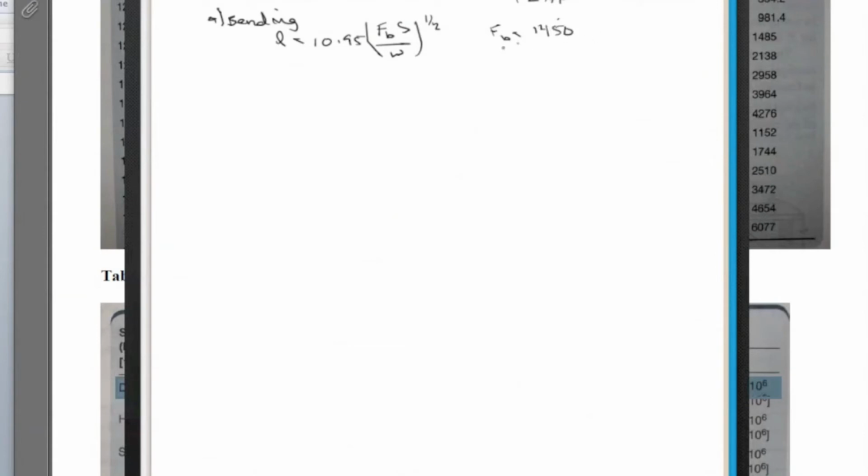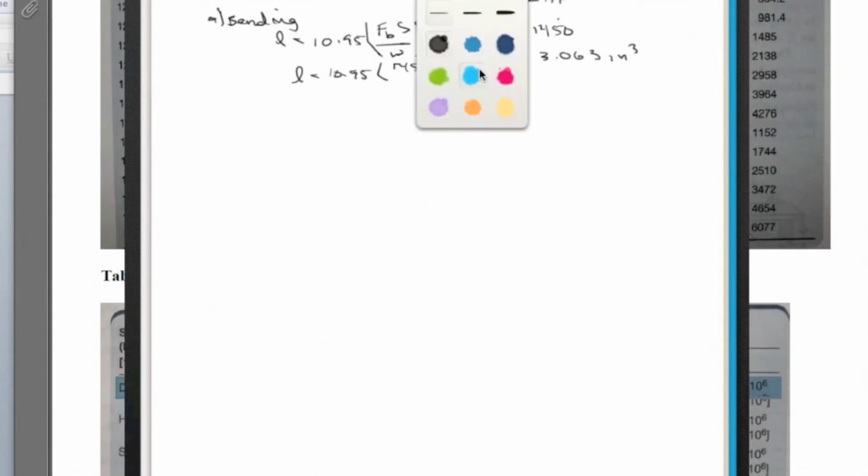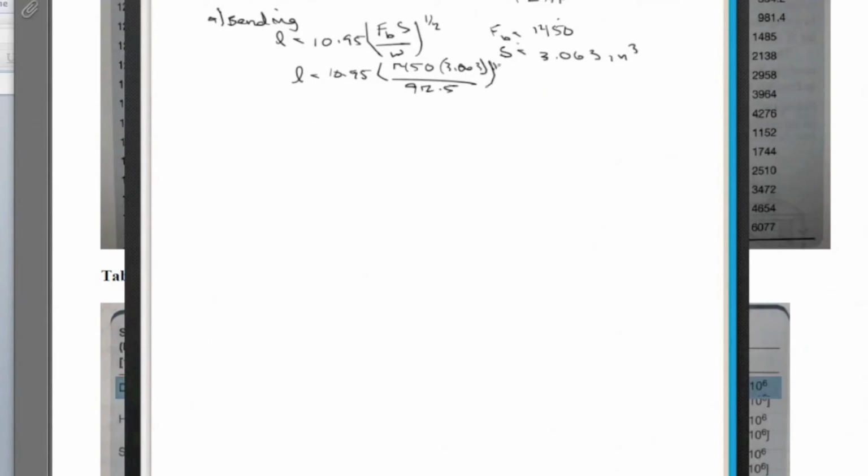S is 3.063 inches cubed. And we know our W from up here. So we get our spacing of 10.95 times the square root of 1450 times 3.063 divided by 912.5. We get a spacing of 24.2 inches.